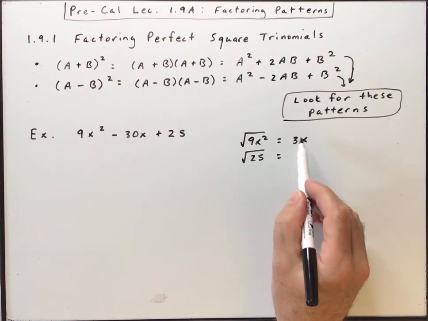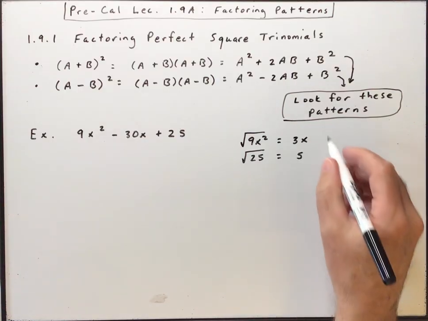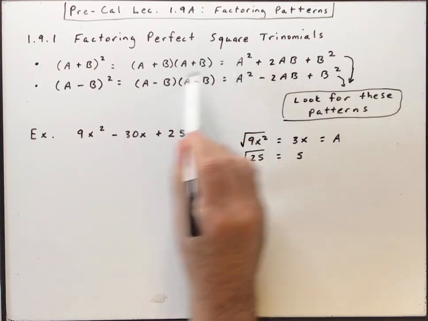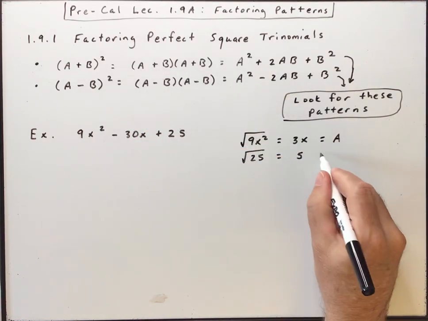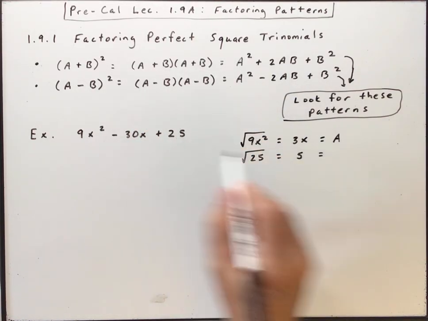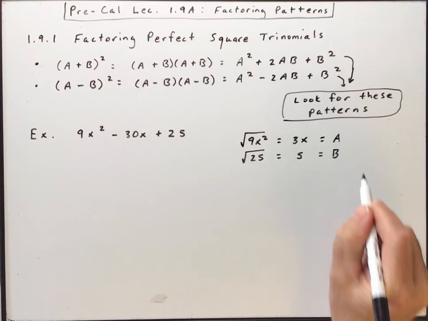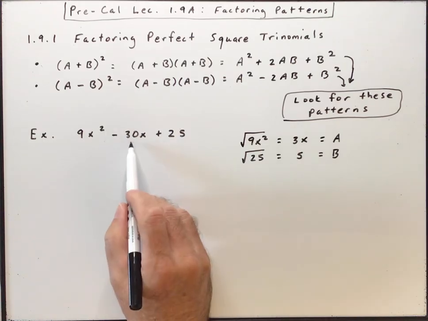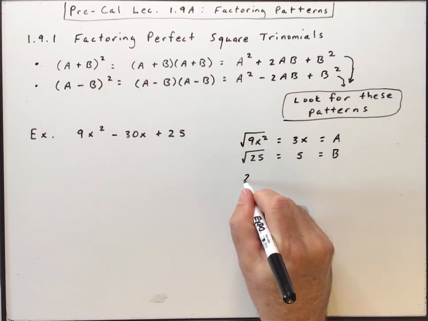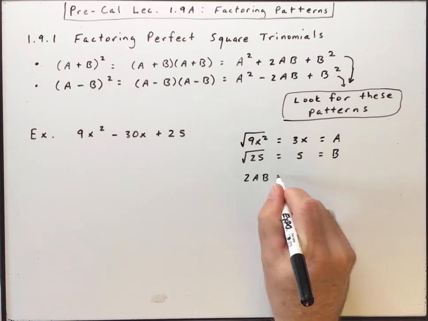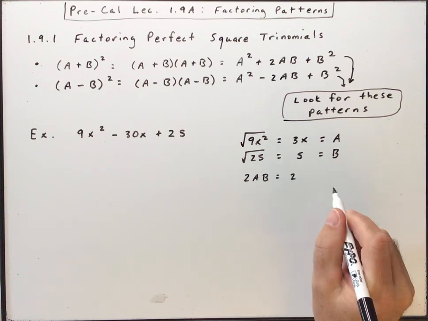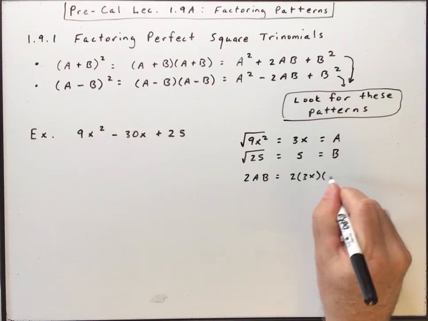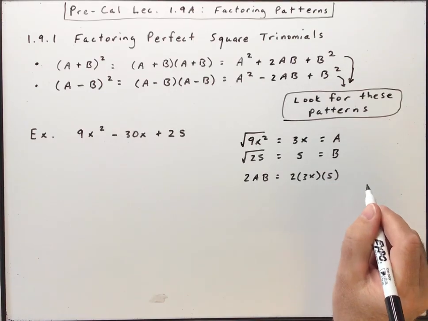We could call this first term a, from right here. So that's a. And the square root of the last term is b. So we just need to see if the middle term, that 30x, is 2ab. So 2ab is equal to 2 times 3x, which is a, times 5, which is b.